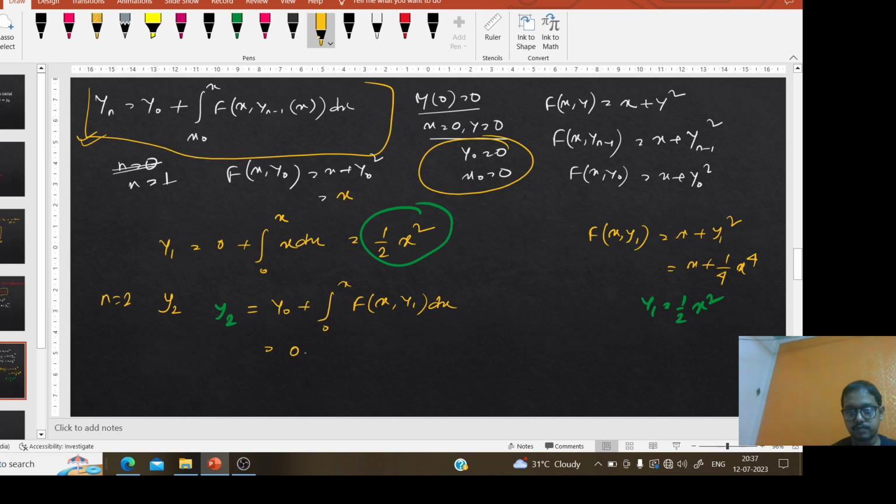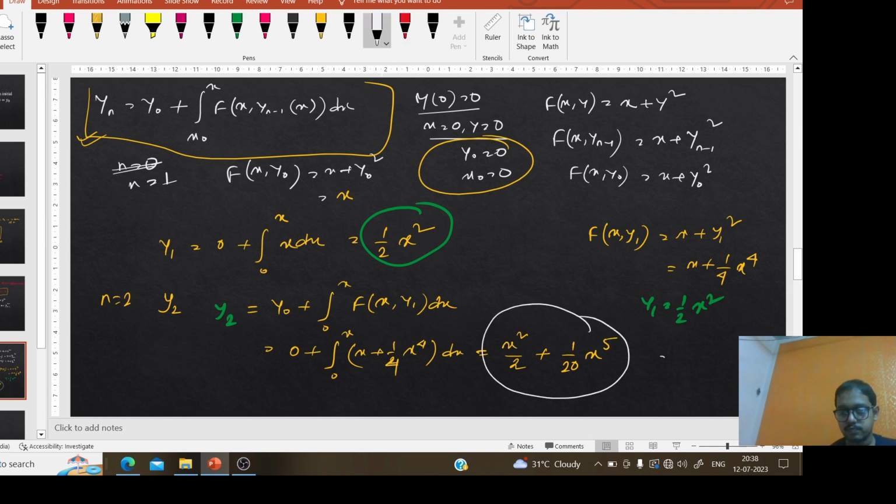Y0 is 0 plus the integral from 0 to x, x0 is 0 already put here, and this will be f of x, y1, x plus half x to the power 4 dx. And if you solve this one, you will get x squared by 2 plus, oh sorry, 1 by 4 plus 1 by 20 x to the power 5. So this is the value of y2.